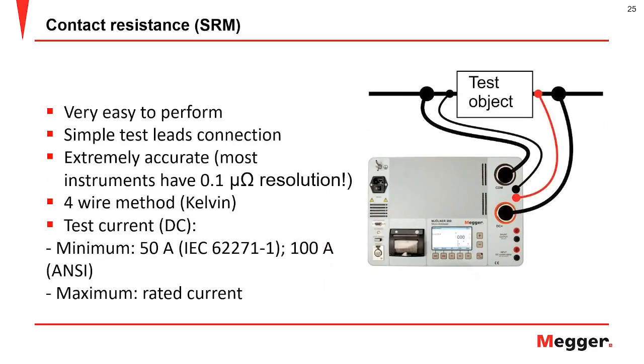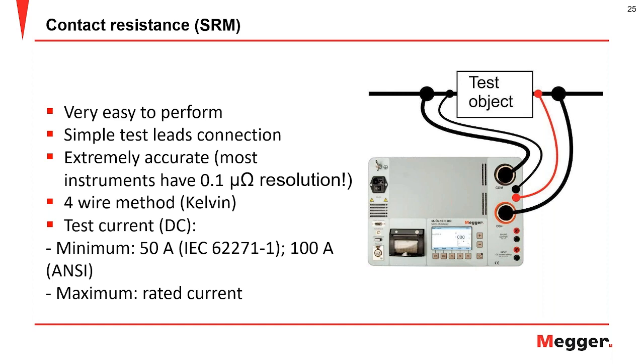We will go again through the first three shortly. So contact resistance is probably the simplest test you can perform on a circuit breaker. It's quite easy to perform. Simple test lead connections. The test is extremely accurate. Most of the instruments will have very good resolution, 0.1 micro-ohm.